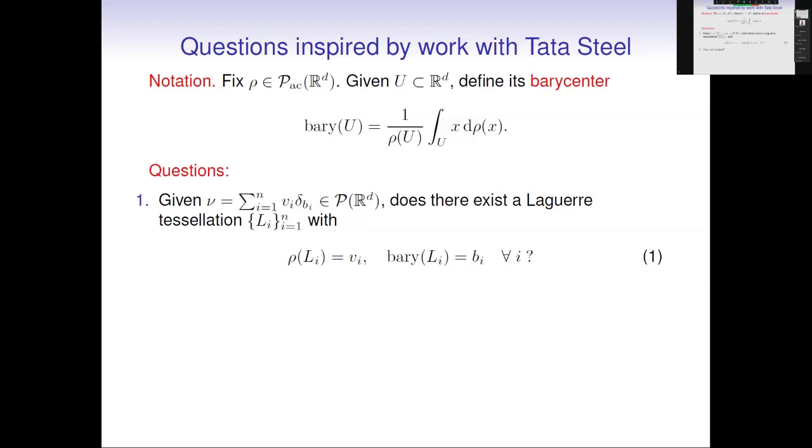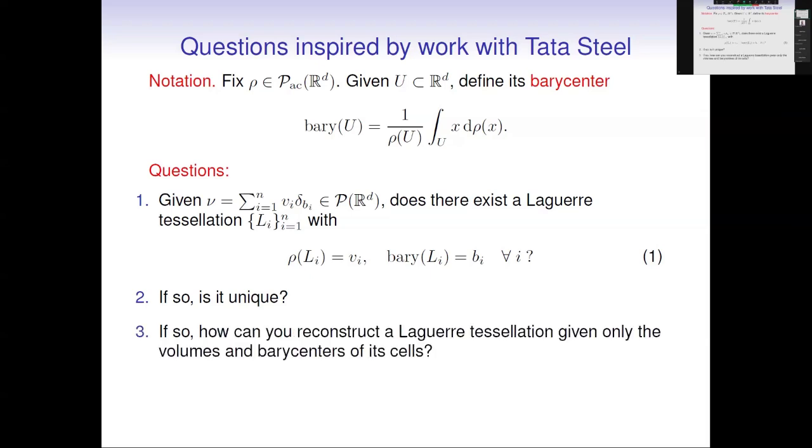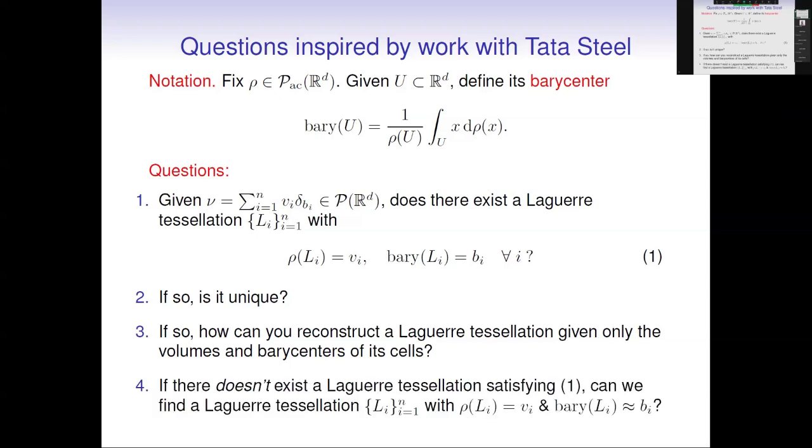And then if it exists, is it unique? And if it's unique, can we actually reconstruct it? If someone just tells you the volumes and the barycentres of the cells, can you then tell them what the tessellation is? And finally, going back to the engineering problem, normally with the data coming from engineering, there doesn't exist a Laguerre tessellation that has exactly the right barycentres, and instead we want a best fit problem.